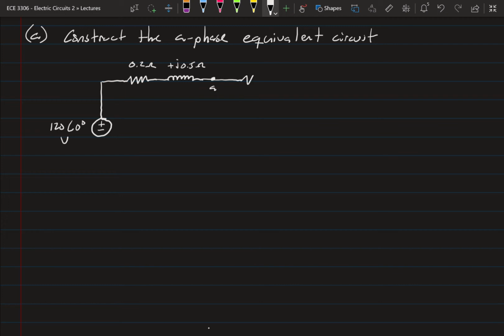Then we have a line impedance of 0.3 ohms connected in series to positive J 0.9 ohms. Now capital A. And then we have a load impedance. Now here's where we have to do the divide by 3 business. So let me go ahead and just finish drawing this.